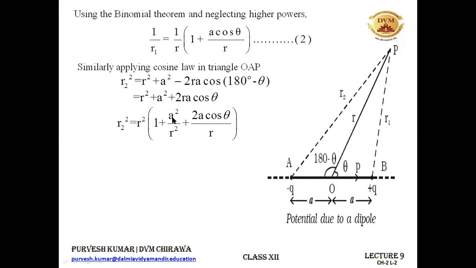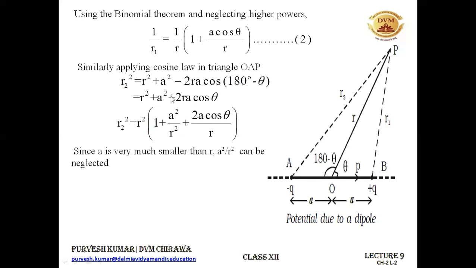That becomes 1 plus A square upon R square plus 2A cos theta by R. So this R from this cos theta term gets cancelled out because we have taken R square common, then it comes in the denominator, 1 R gets cancelled out. Now again take the square root of this, and we can neglect this A square upon R square since it is very small. Since the value of A is very small as compared to R, then A square upon R square can be easily neglected because it will be even smaller.